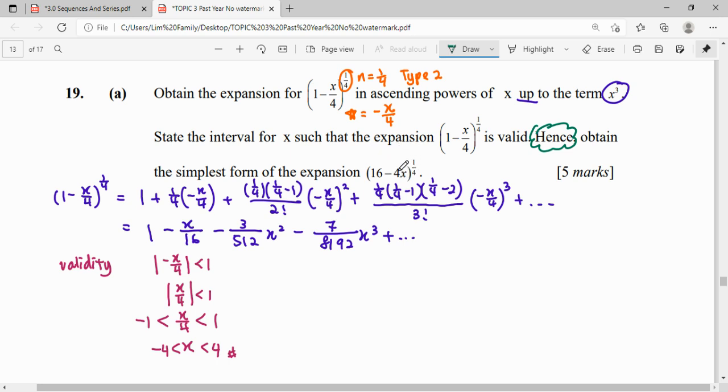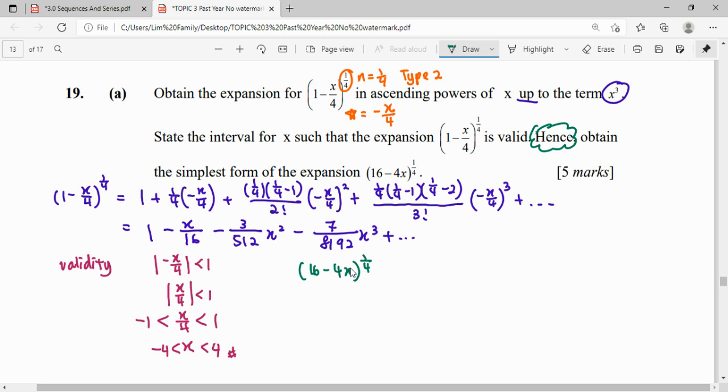So we're going to expand this. For this expansion, our title will be 16 minus 4x power 1 over 4. But it is not directly related to our first part answer, because what we expanded in the first part is 1 minus x over 4. So we have to simplify our binomial expression here.